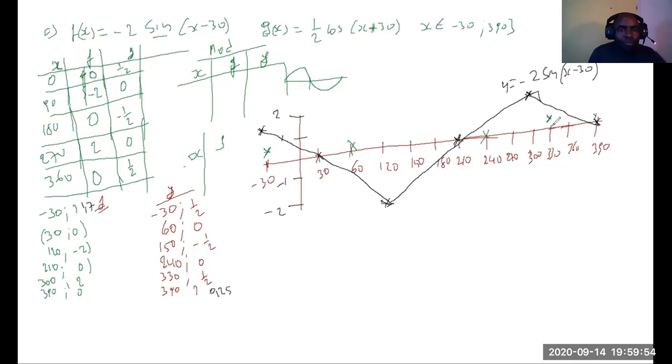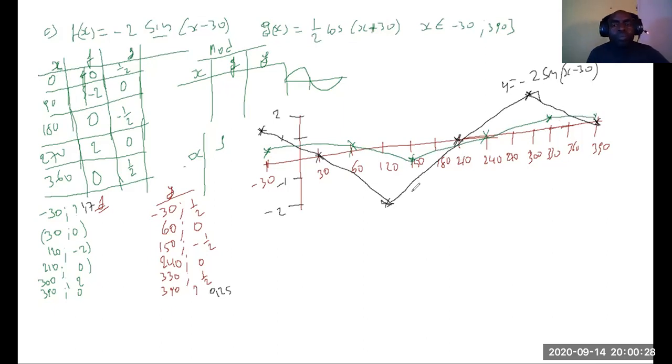My minimum, I have got at 150, minus a half, somewhere here. So it will come going down here, then go up there, then come down again.